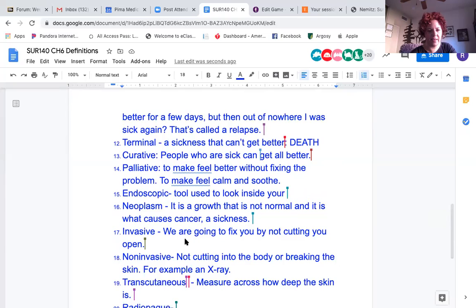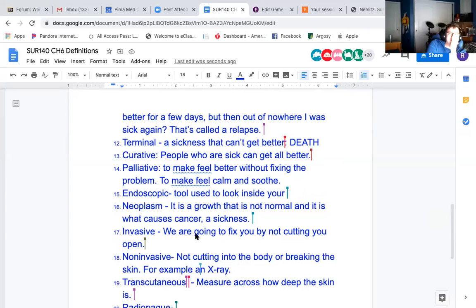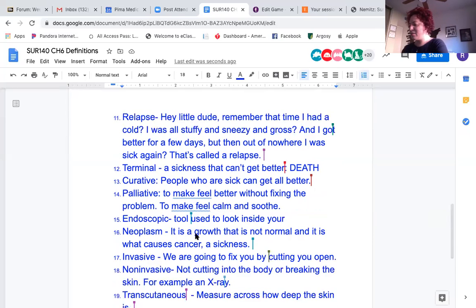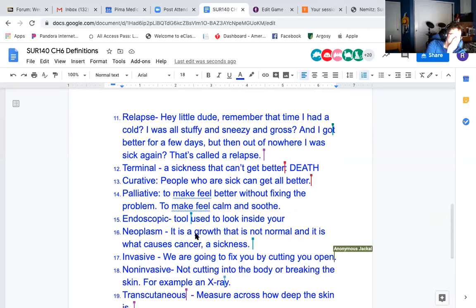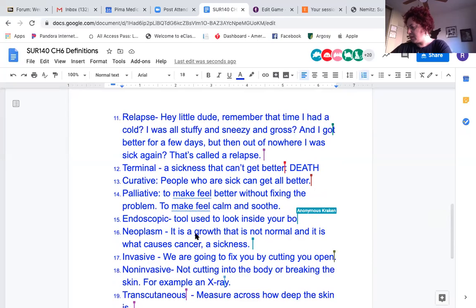So invasive, whoever had number 17, is that not cutting you open or cutting you open? Yeah, I don't know why I read non-invasive when I did that. No worries, they're right there together. That's why. It makes perfect sense to me.